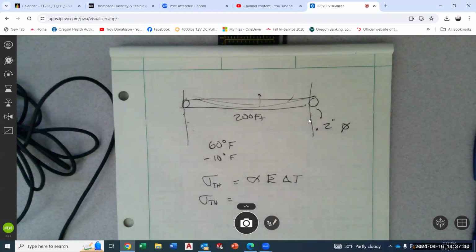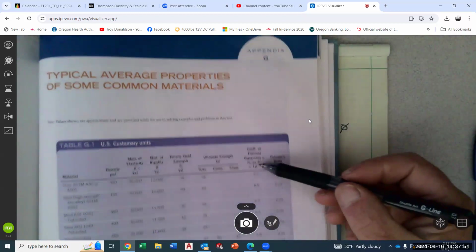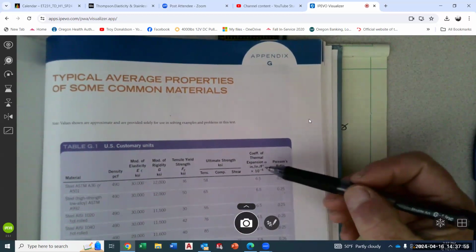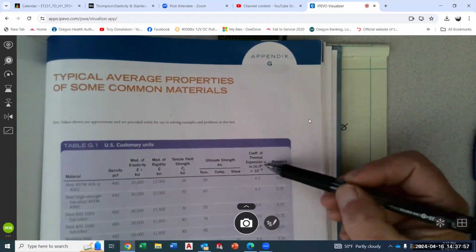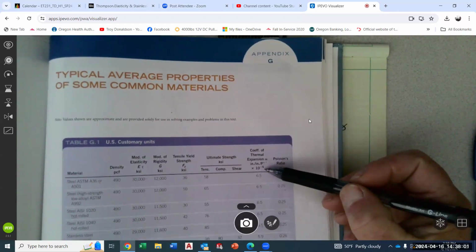Heading back to the back of the book here, it looks like the coefficient of thermal expansion is this column. Notice the unit, inches per inch per degree Fahrenheit. So it's really just a per degree Fahrenheit, and it's to the -6.